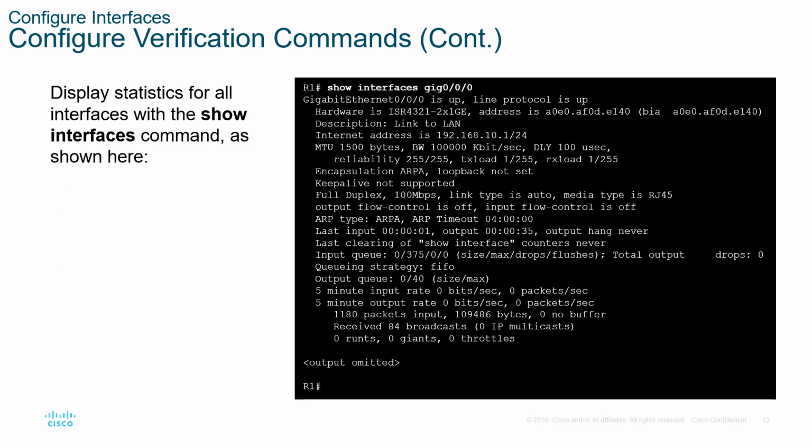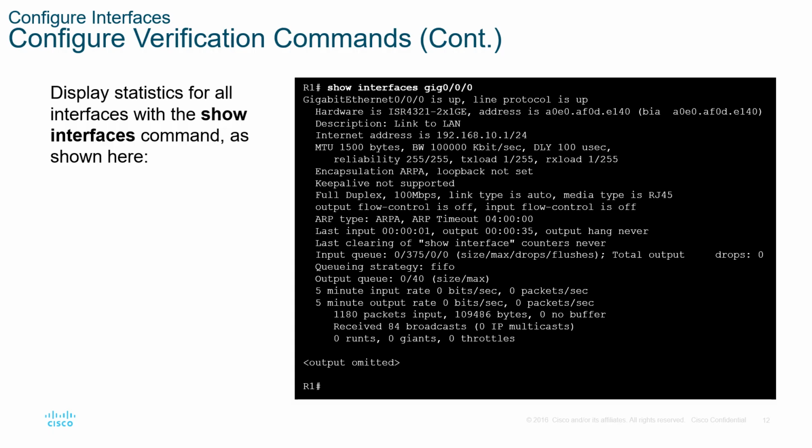I could also look at a particular interface. Now, we're looking at interface G0/0/0. If you want to look at just one, you identify it like this. If I were to do just show interfaces, you would get every single interface on the device, be it a router or a switch. So when you're looking at this, try to understand.